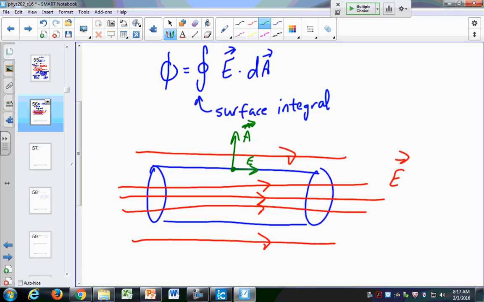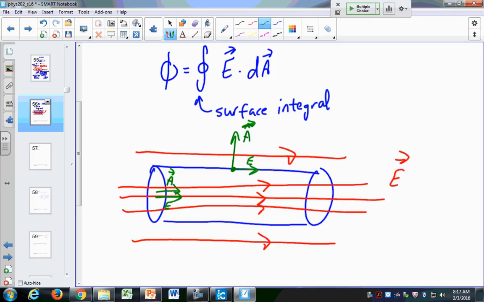The area vector at that point does have a particular value, but really all I'm worried about now is the direction of the area vector. Over here, I have my electric field in this direction, and then my area vector is also in that direction, because the area vector is always perpendicular to the surface.